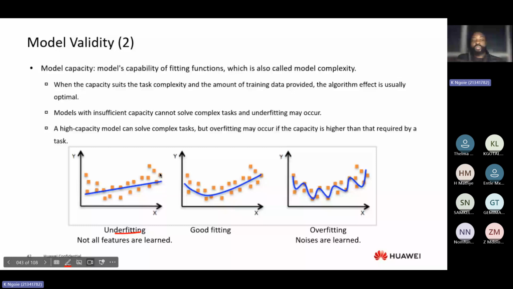You can see that this blue line does not really fit this data here. So in this case, we have an underfitting problem. This is an example of a good fit, where the model represents the data. But when you look at this, it's overfitting. You can see that the model is more than the data that it should learn from. So you have less data. So this is an example of overfitting and a good fit.